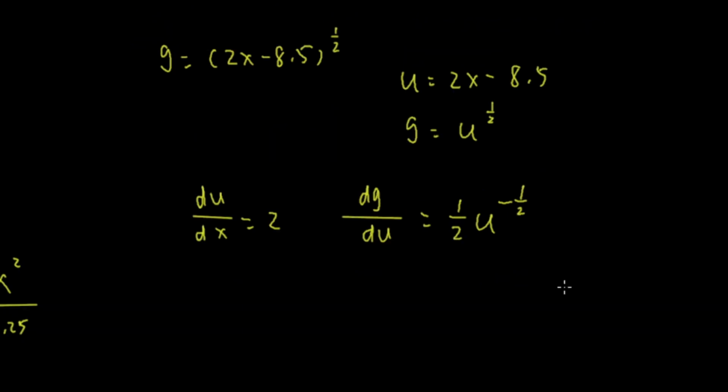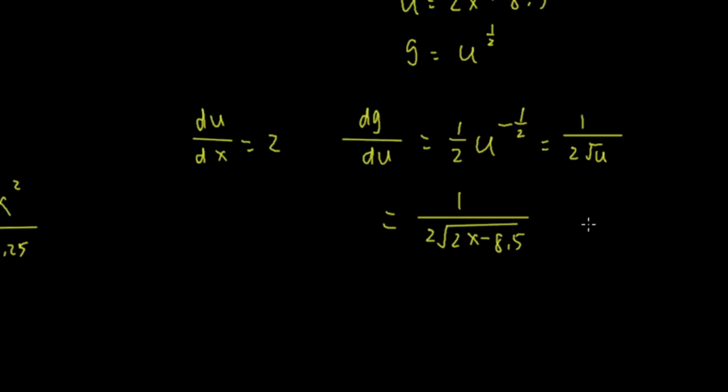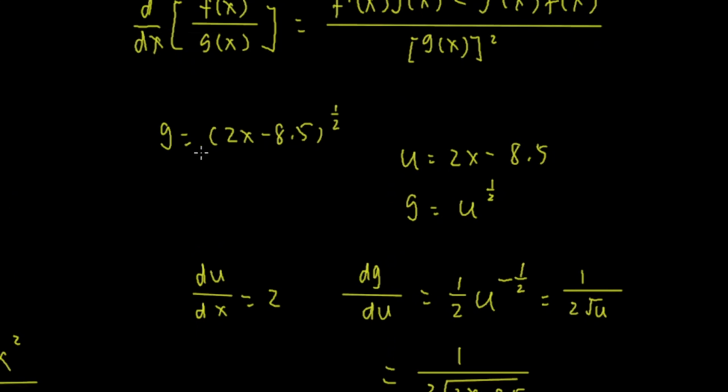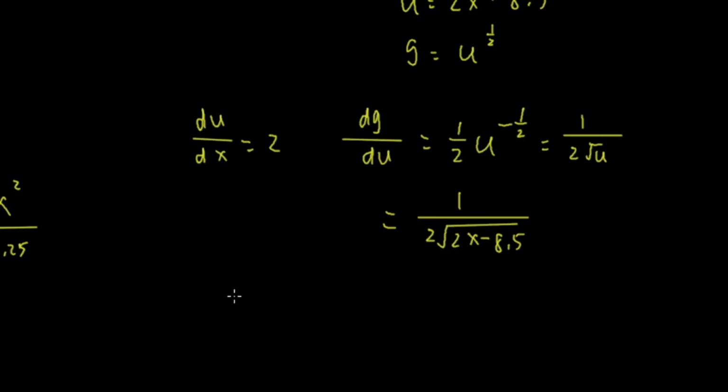That's the same as 1 over 2 times square root of u. And u is equal to 2x minus 8.5. We have to put it back in here. So that's equal to 1 over 2 times square root of 2x minus 8.5. Now, to find dg over dx, that's equal to dg over du times du over dx according to the chain rule.